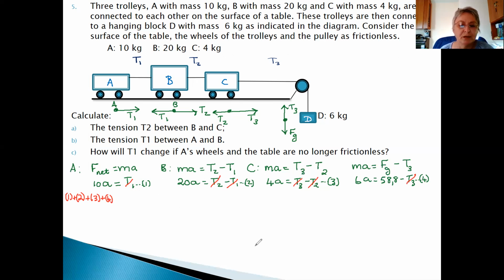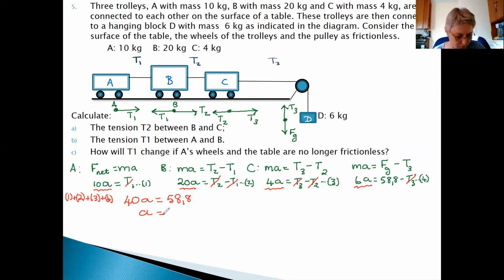So in adding all these equations, it's 10A plus 20A, that makes us 30A, and another 4A, that makes us 34A, and another 6A, so 40A would be equal to 58.8.